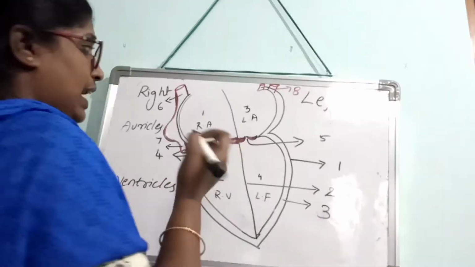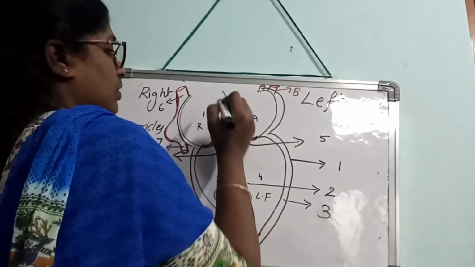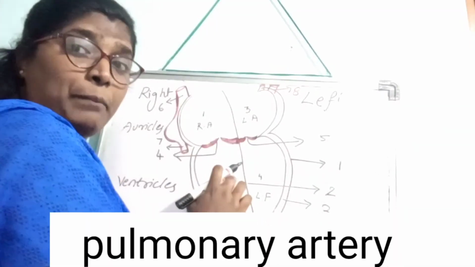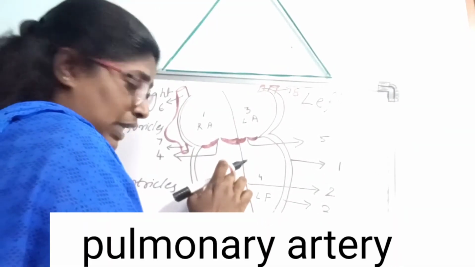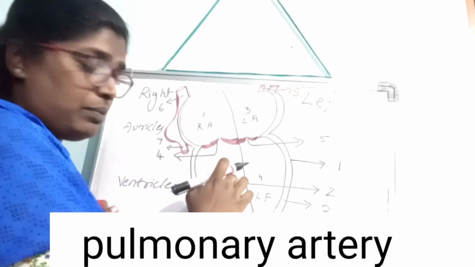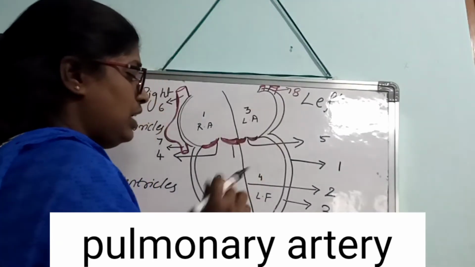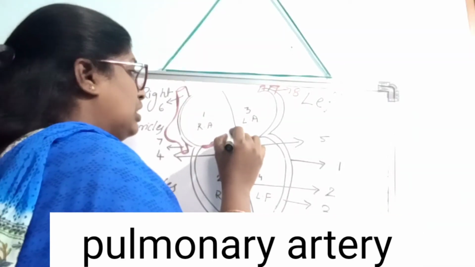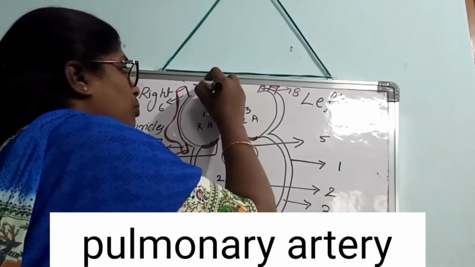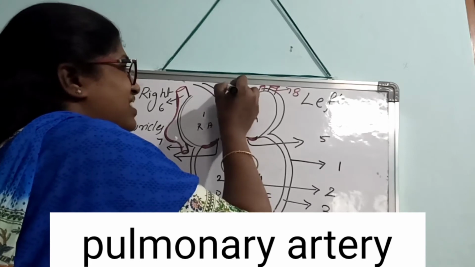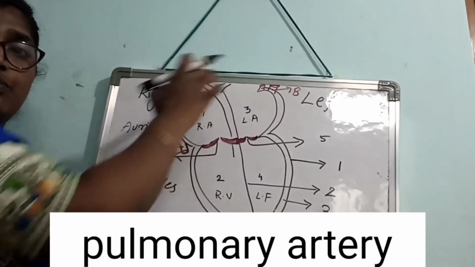And next we have one big pulmonary artery, which is going from the right ventricle to both the lungs. You can see it is branched here.